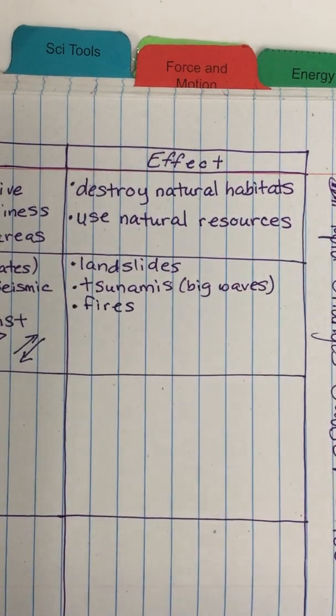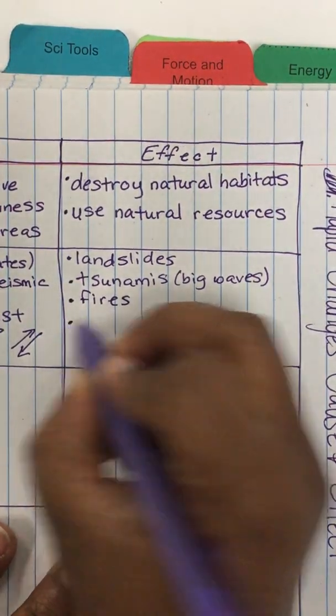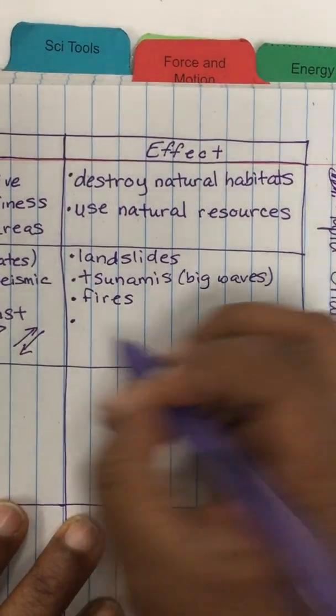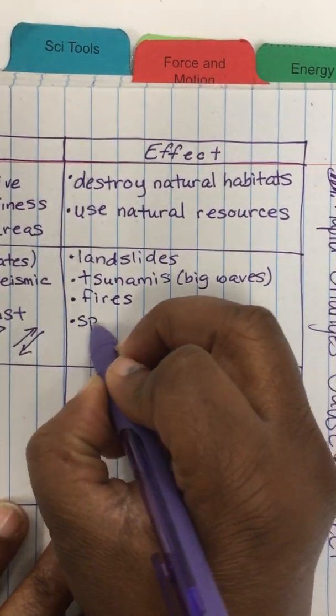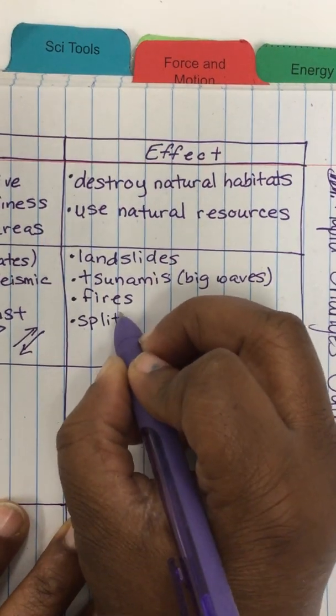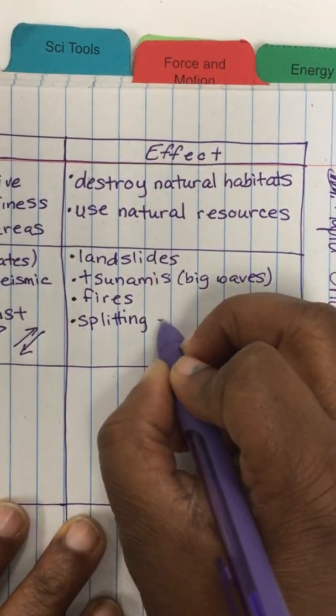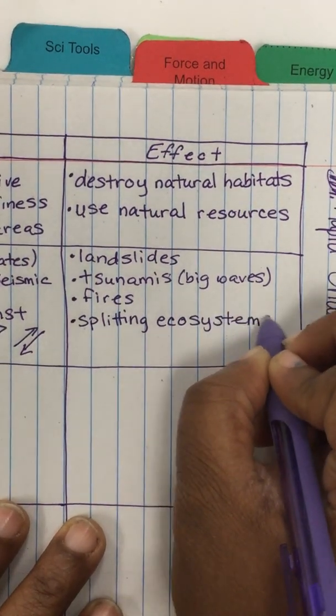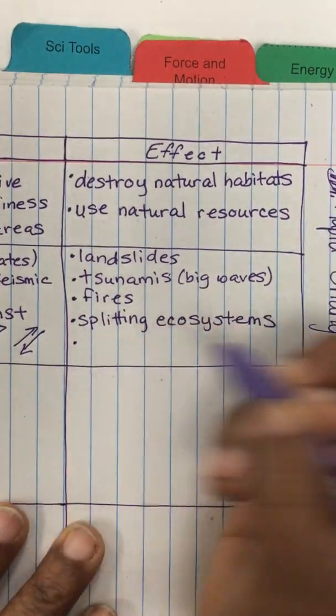We also tend to split ecosystems if there's an earthquake, because the earth breaks along a line or along a fault. And the last one is damage to buildings and roadways.